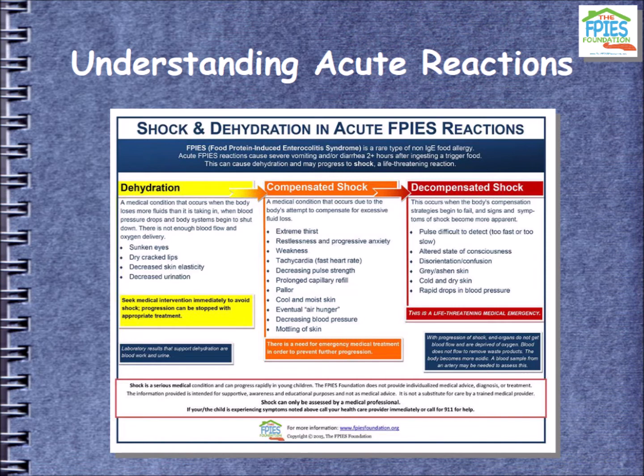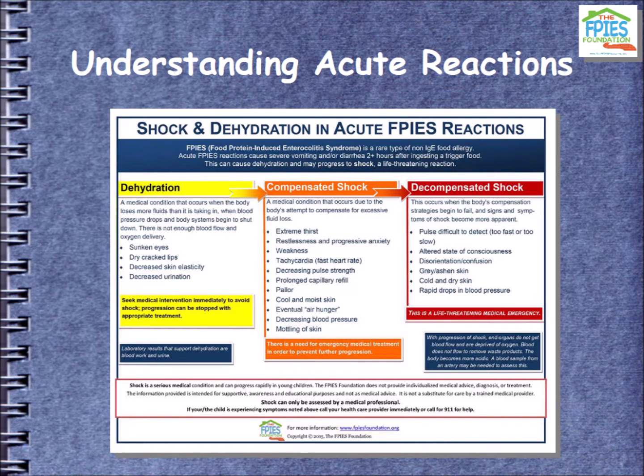The child's pulse can become difficult to detect. They can experience altered states of consciousness, be disoriented or confused. Their skin may be cool and dry and appear gray and ashen, and there can be very rapid drops in blood pressure. Again, this is a life-threatening medical emergency. It is extremely important to seek emergency medical care.